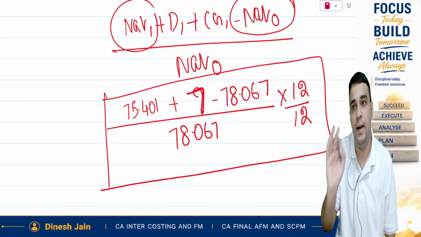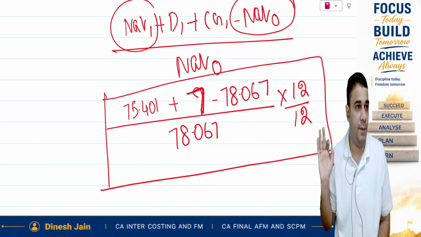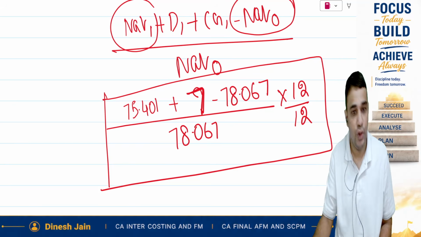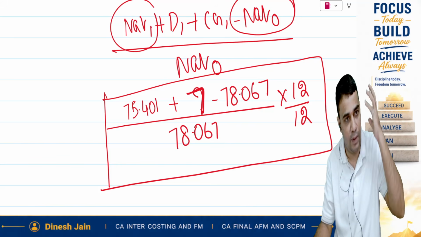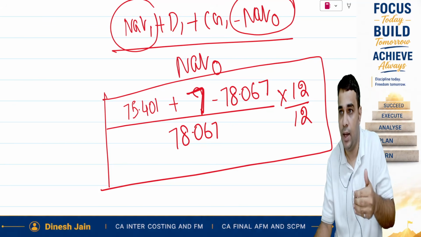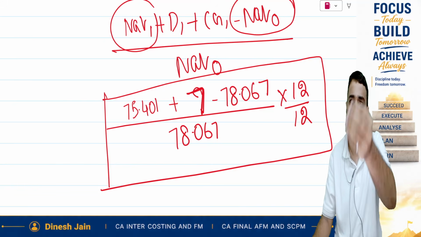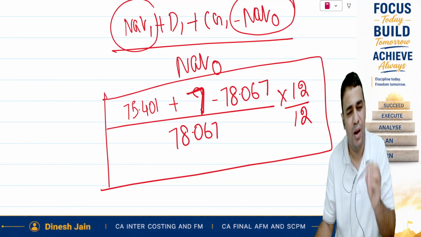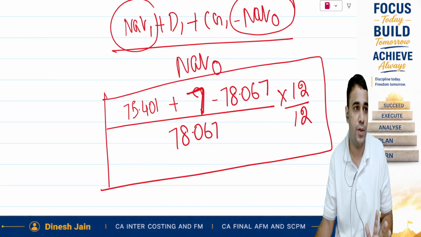NAV1 minus NAV0 plus D1 plus CG1, divided by NAV0, into 100. If you are interested to practically check this, take any one mutual fund, see their NAV a year back, see their NAV today, add the dividend if you have any dividend data, calculate and see the number which they have declared. More or less the same numbers are going to be there.